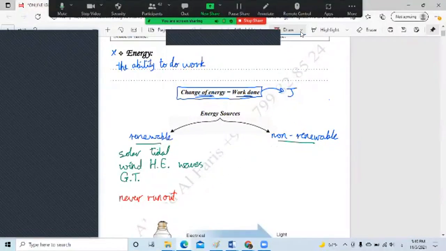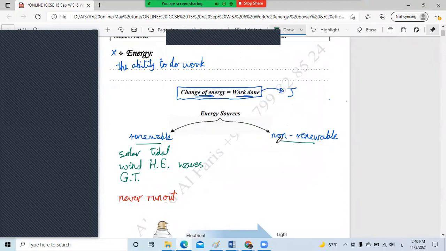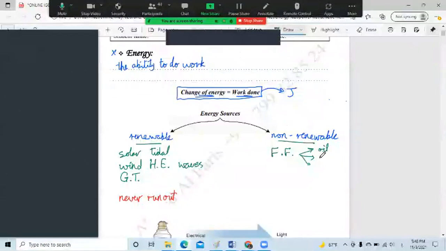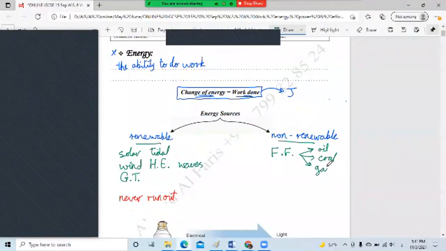But on the other hand, if I'm talking about non-renewable energy resources, who can give me examples? There are fossil fuels, exactly, and we have several types of fossil fuels, like oil, petrol, coal, and natural gas.